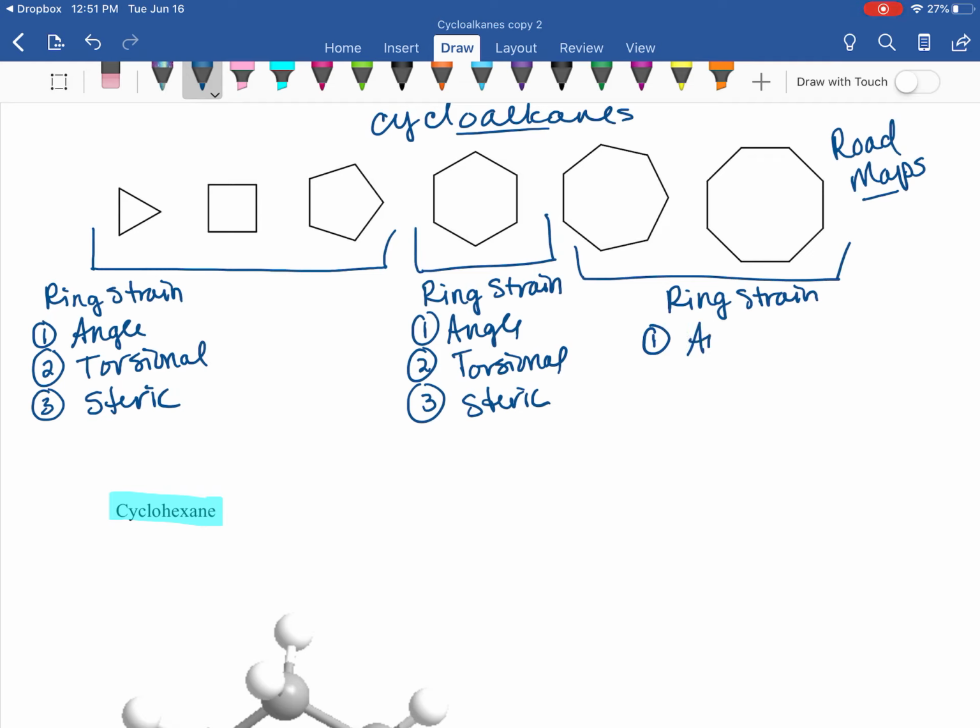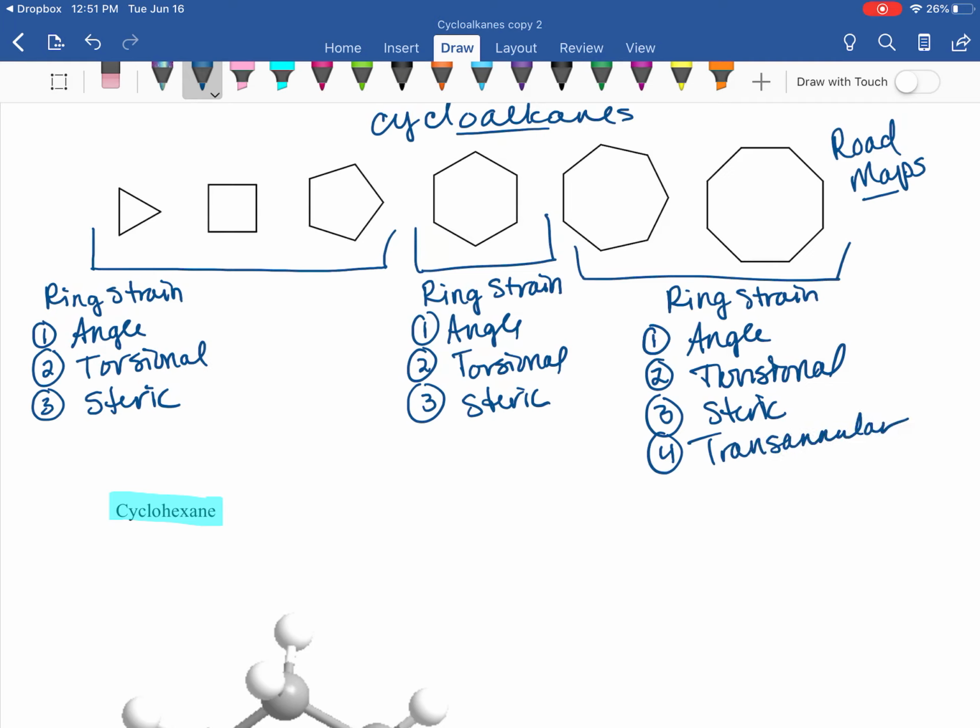They're just going to pop up in our road maps. And then torsional, steric, and then there's a 4th one called transannular strain that starts to pop up.